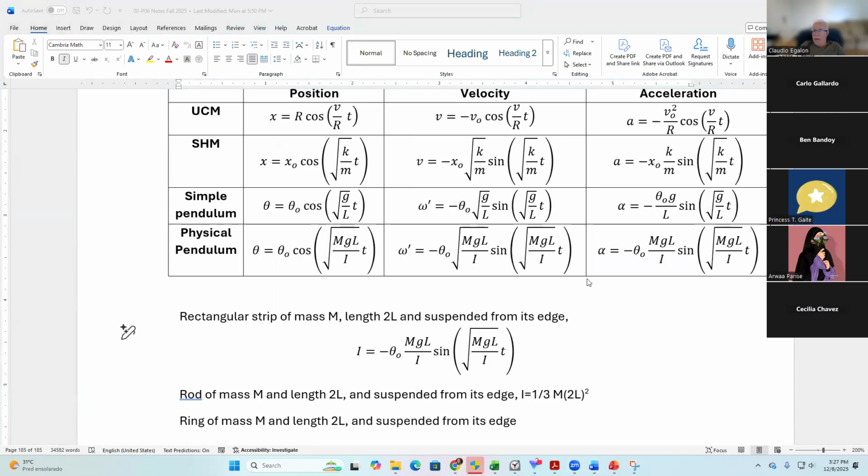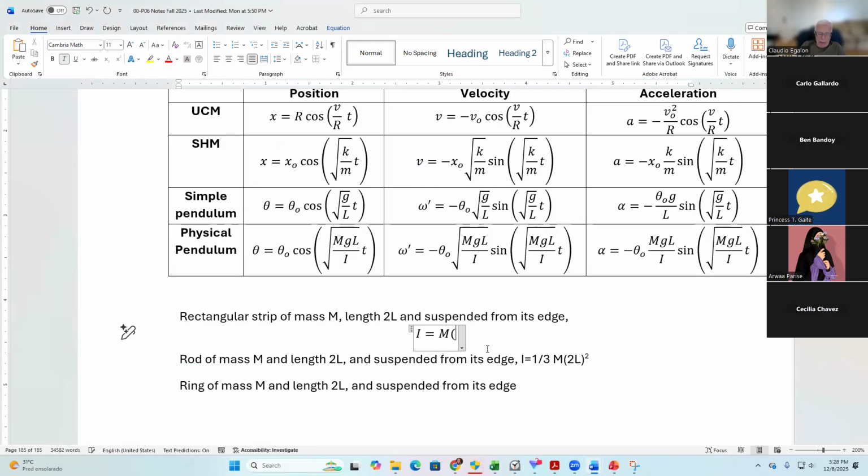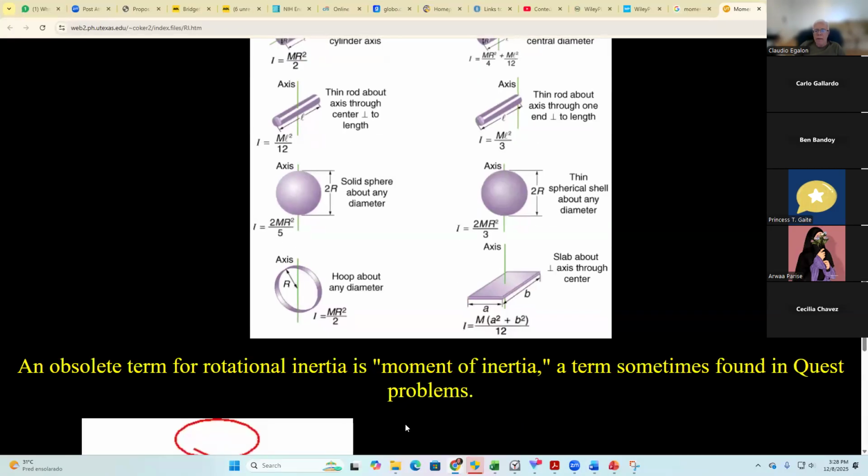Okay. I would be m, and I'm going to write down just like we have there, the b squared, divided by 12.